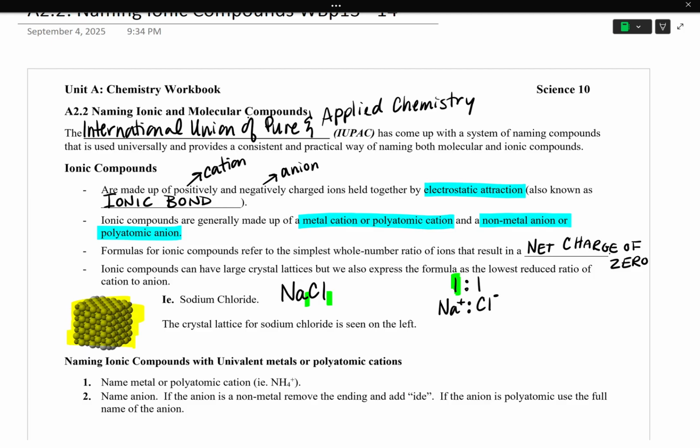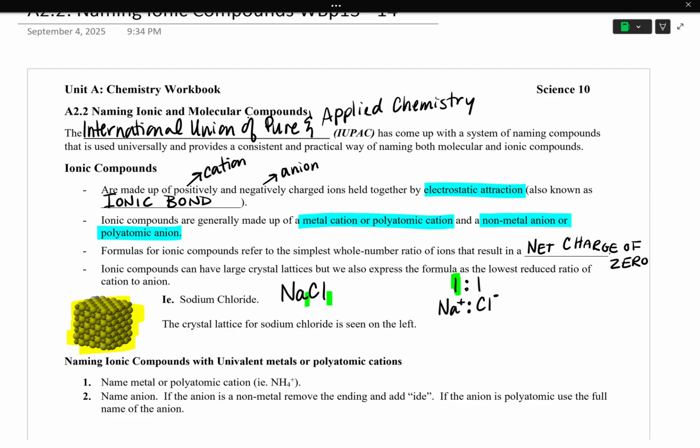If you were to ever take a big chunk of sodium chloride, or if you've gone out to Banff and been in the mineral shops, you will see big square blocks of halite, which is pretty much sodium chloride. It's a salt similar to it. If you were to hit it, it would break apart, and it would continue to break into tinier and tinier cubes. It would hold its shape.